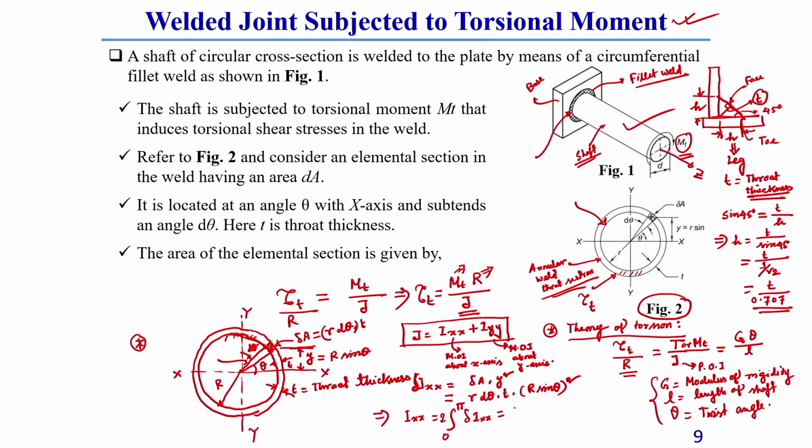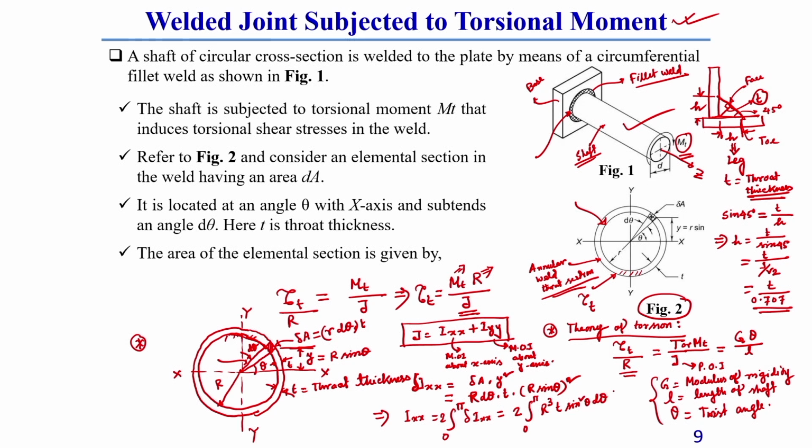This you can write as 2 into the integration of 0 to pi of r, q, t, sin square theta d theta, correct.